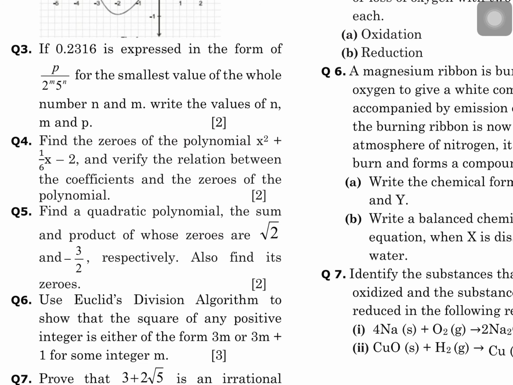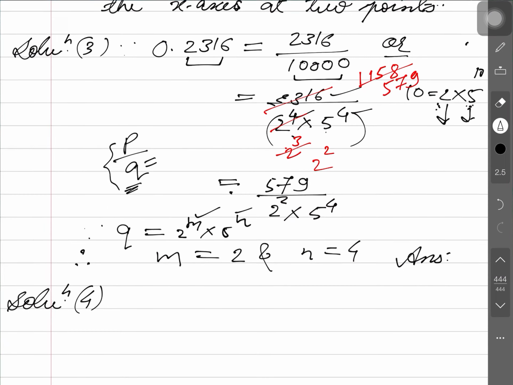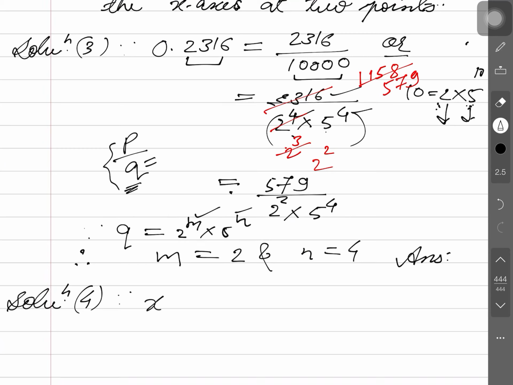The given polynomial is x square minus 1 by 6x minus 2. This is a polynomial in x. So what we have to find? First we have to find out zeros.